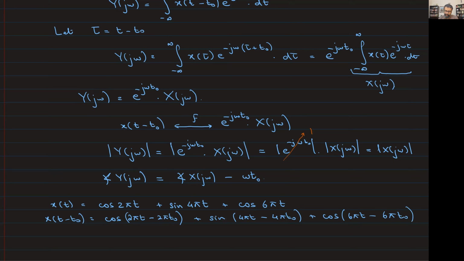So the magnitudes of each one of these cosines has not changed. It's still one here, and it's still one here, and it's still one here. But what has changed are these phases. This phase has changed from up above, this phase has changed from up above, and this phase has changed from up above, right?